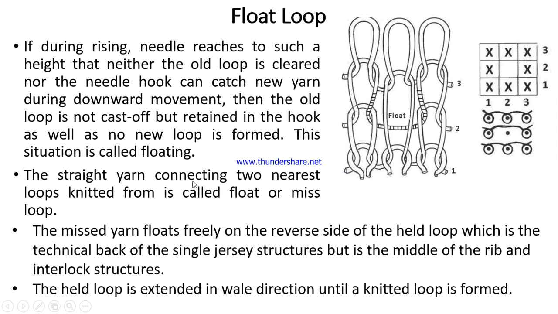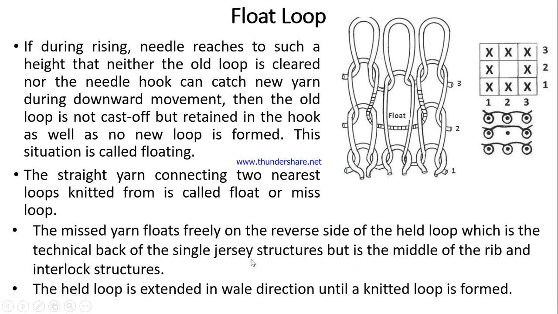So the straight yarn connecting to the nearest loop knitted from it is called a float or miss loop. Here you can see this loop is called a float or miss loop. The missed yarn floats freely on the reverse side of the held loop. In the back side of the held loop, the float will be floated.